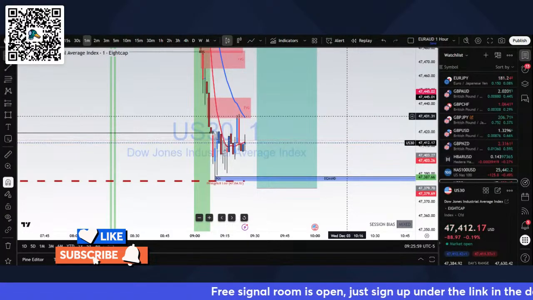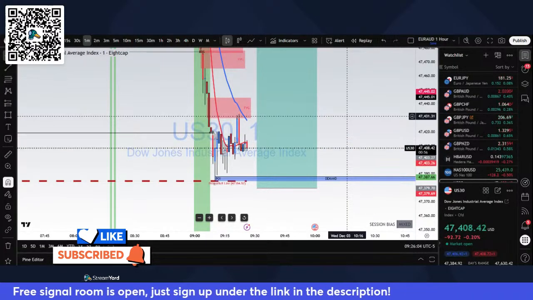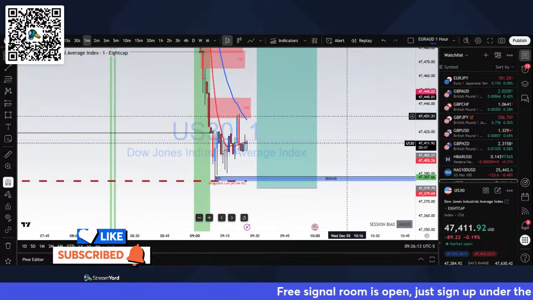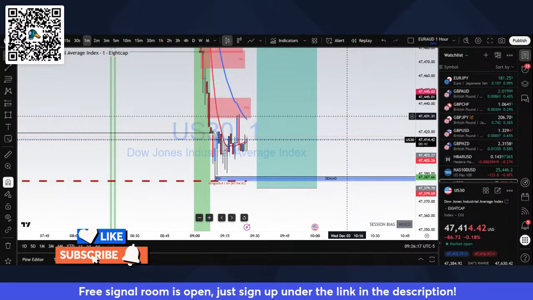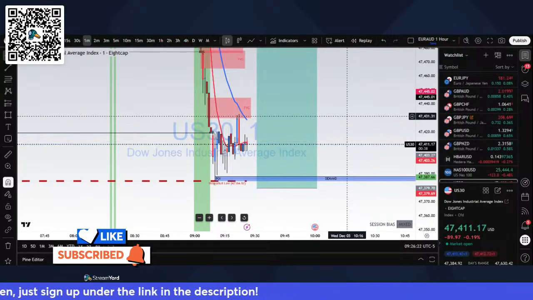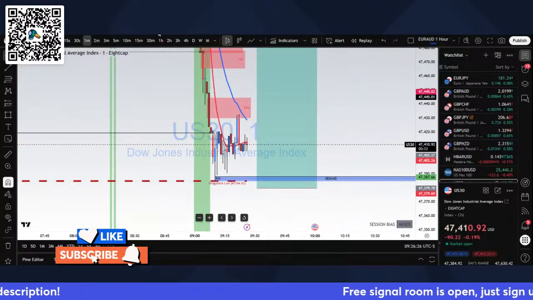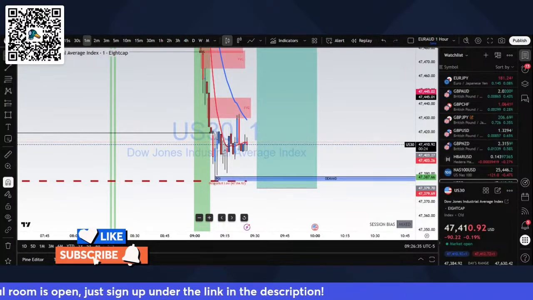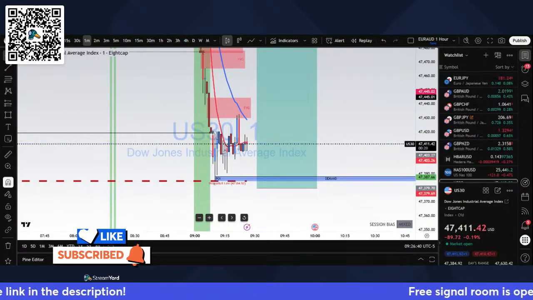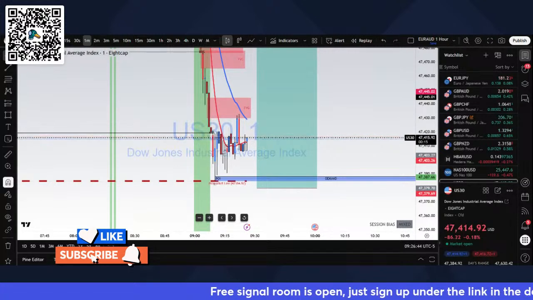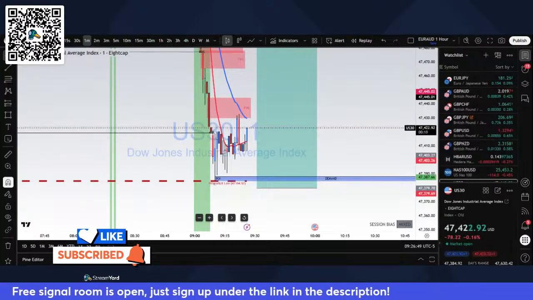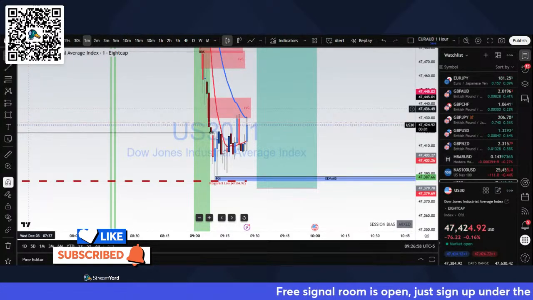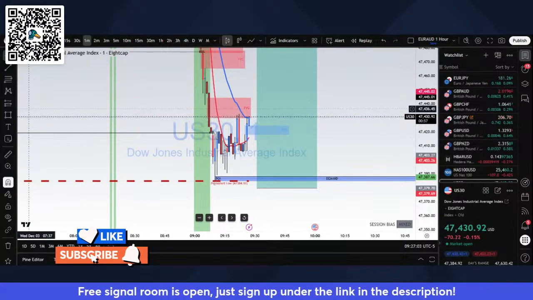Okay, we're starting to get a little volume. You see the candle jumping around a little bit? 3 minutes. Starting to get volume.